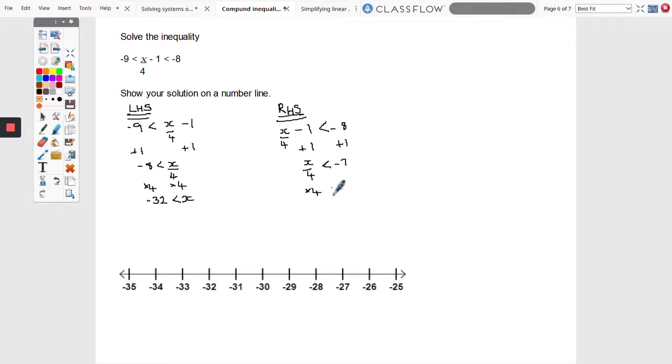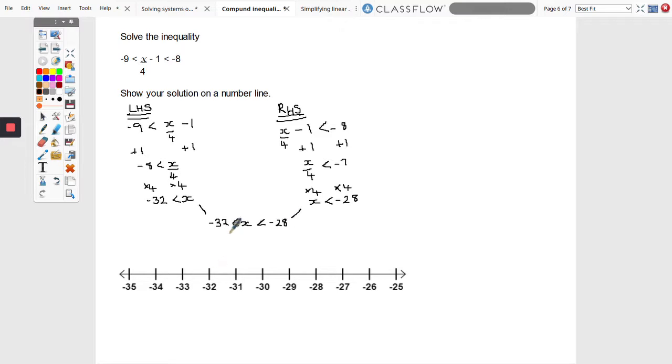And then we're going to multiply both sides by 4, and that will give me x is less than minus 28. And then I can combine these into one compound inequality. Minus 32 is less than x is less than minus 28.